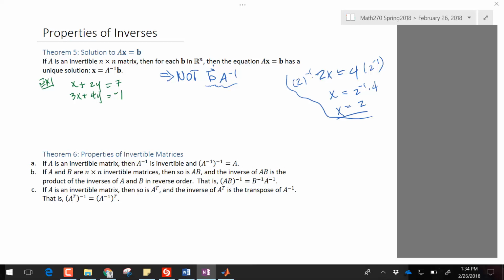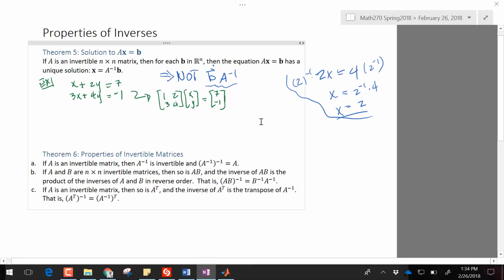This can be translated into Ax equals b, where A is our original matrix, x is your xy vector, and your b vector is 7, negative 1.